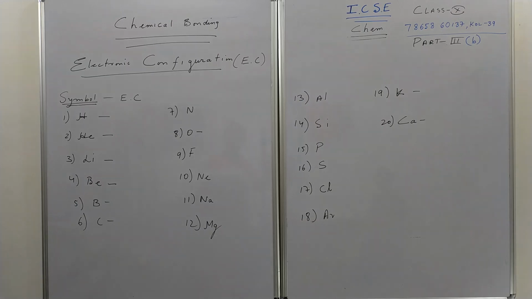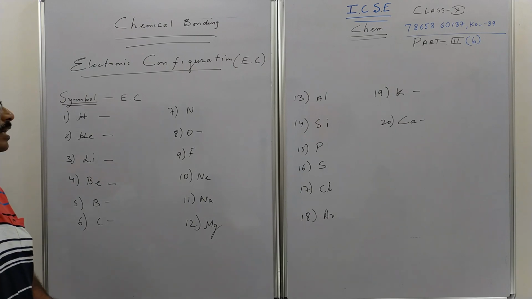Hello students, today we are going to start the second topic in the syllabus of ICSE chemistry, that is chemical bonding. So first chapter is periodic table and second one is chemical bonding.